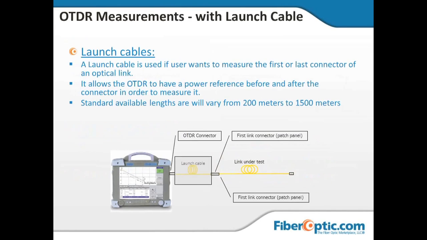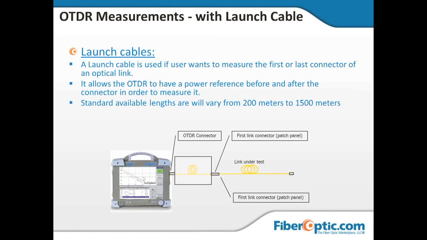All right, launch cables. We are running out of time, so I'm going to wrap this up now. Launch cables. Now, I've been saying throughout this webinar that losses are calculated by looking at the backscatter level before and the backscatter level after an event.